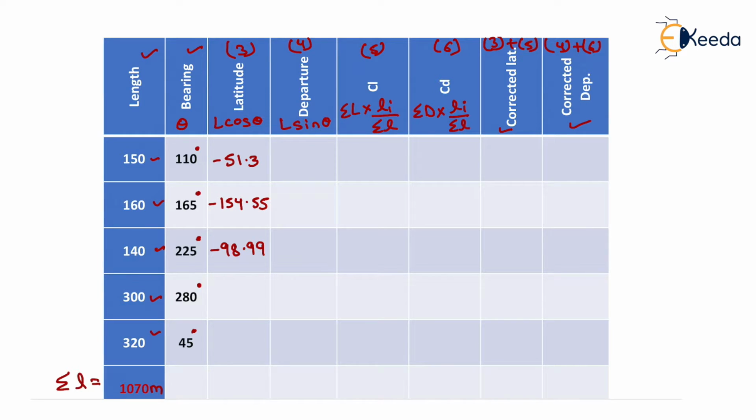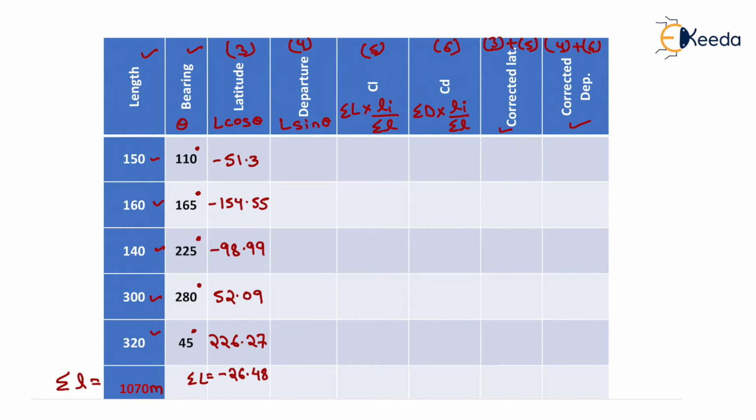Similarly, 300 cos 280 equals 52.09, and 320 cos 45 equals 226.27. So the net sum of latitude will be the algebraic sum of all these values, and it equals minus 26.48.